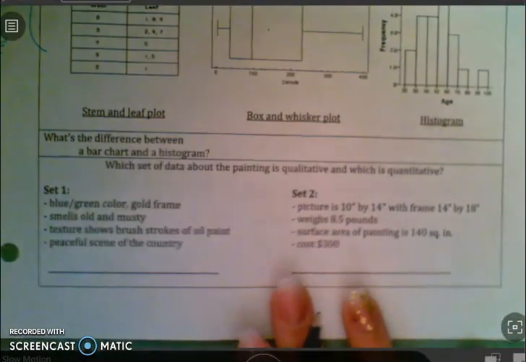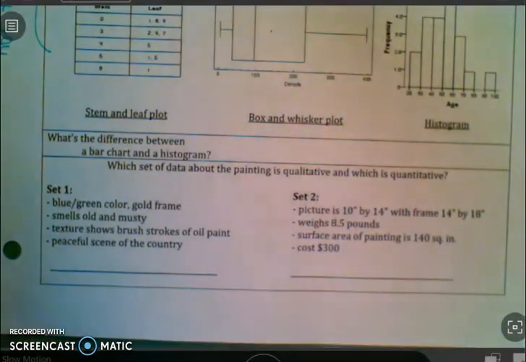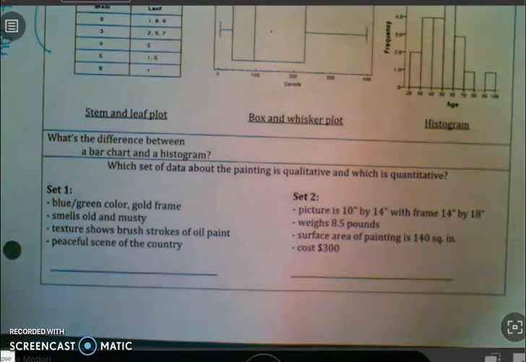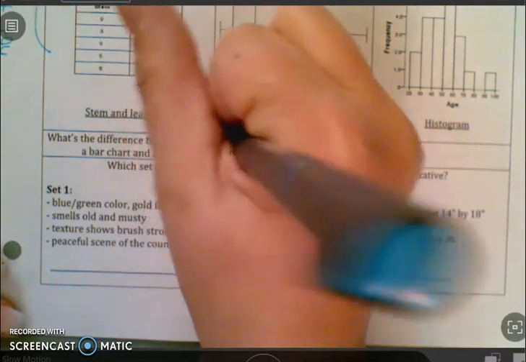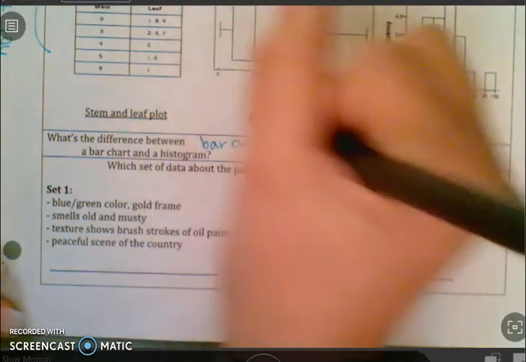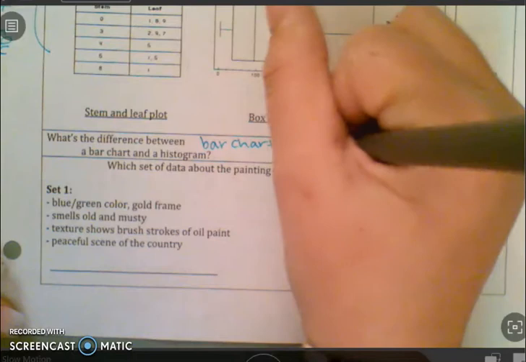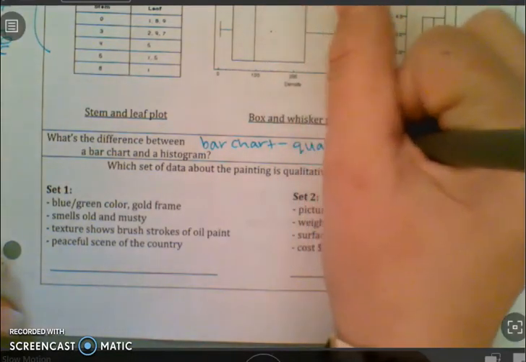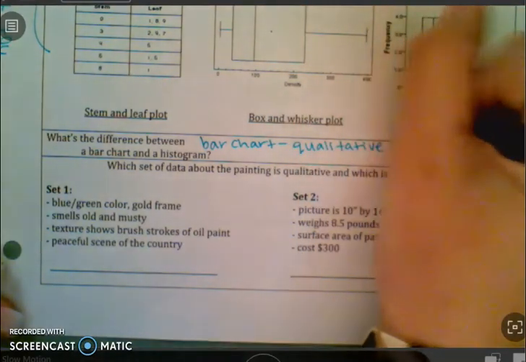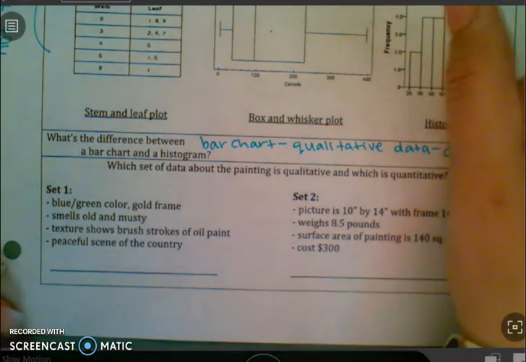So when you go down, it says, what's the difference between a bar chart and a histogram? So a bar chart is for qualitative data, and they do not touch.